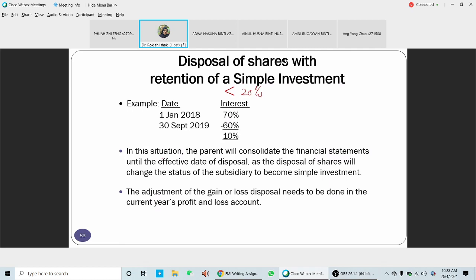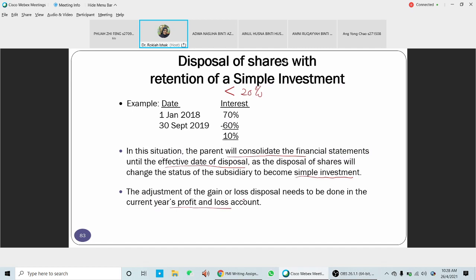In this situation, the parent will consolidate the financial statements until the effective date of disposal, as the disposal of shares will change the status of the subsidiary to become a simple investment. The adjustment of gain or loss on disposal needs to be done in the current year profit or loss account.